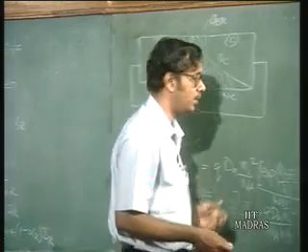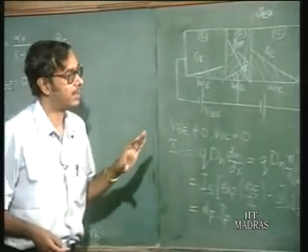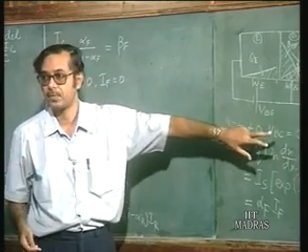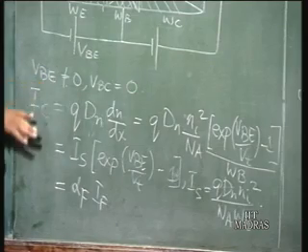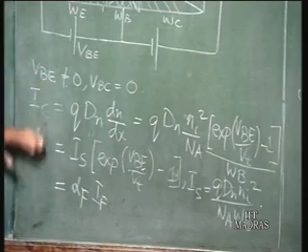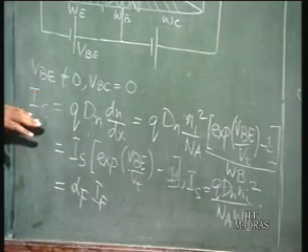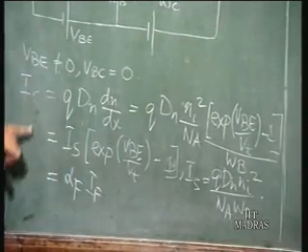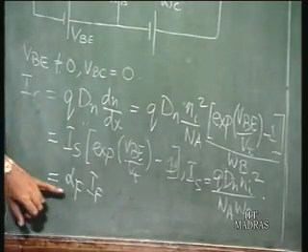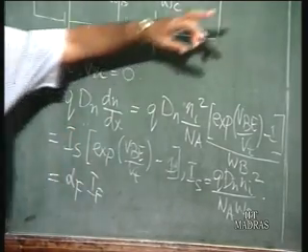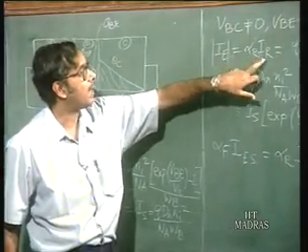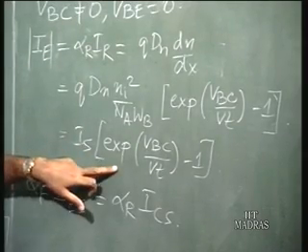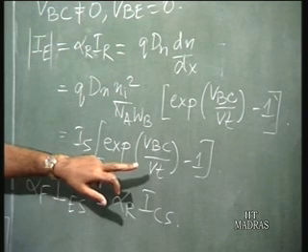So, what we have done now is, individually in the two cases, you have calculated the collector current and the different currents. You can do that. IC is equal to Is exponential Vb by Vt minus 1, which is equal to alpha f If. Now, alpha r IR is equal to Is exponential Vbc by Vt minus 1.